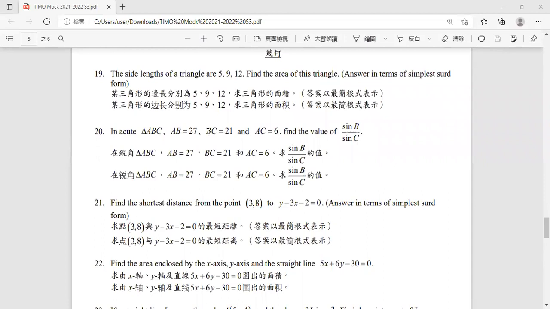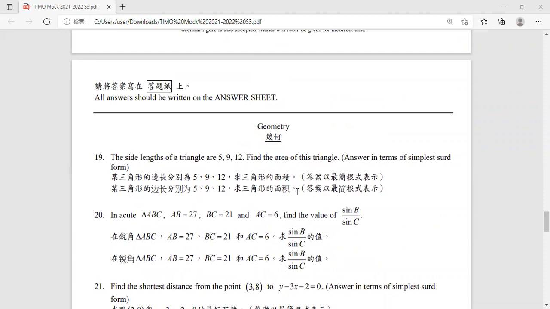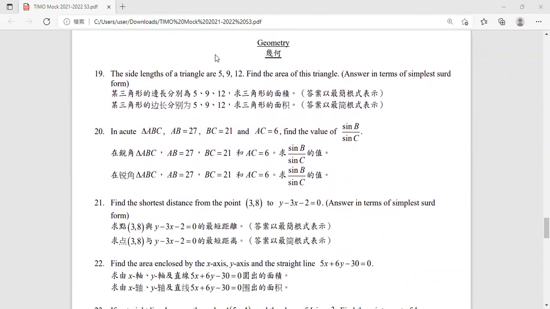Okay, 19. Now the sides of the triangle are 5, 9, 12, 5, 8. Of course, you can use Heron's formula. Does anyone know how to use that?